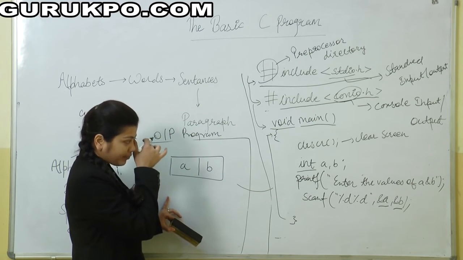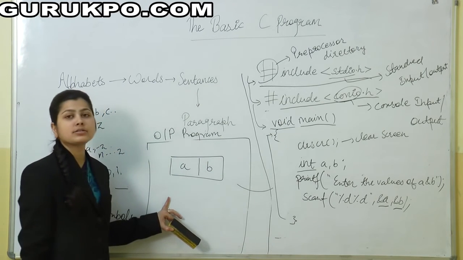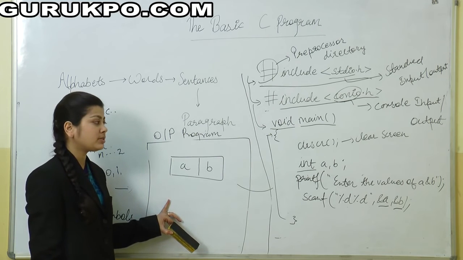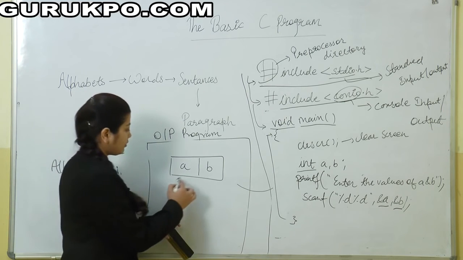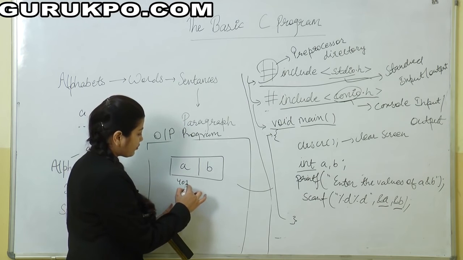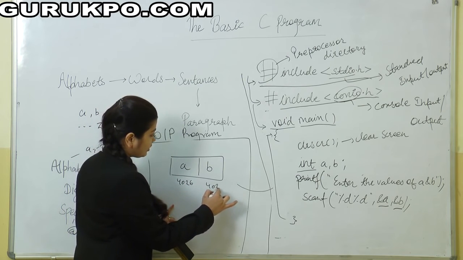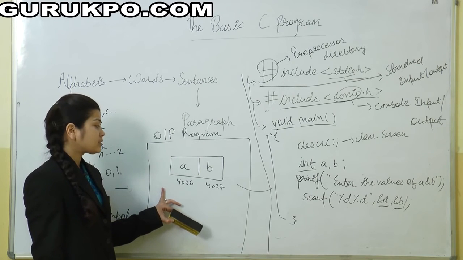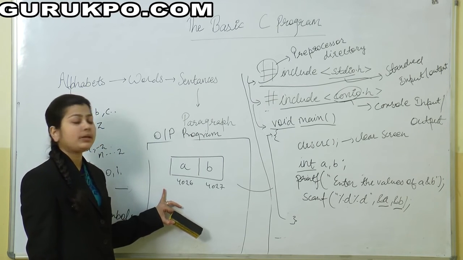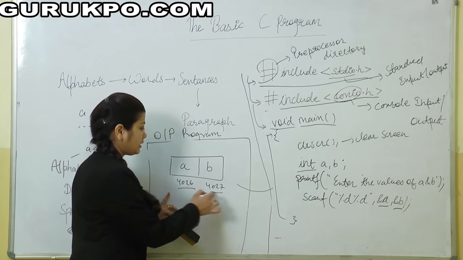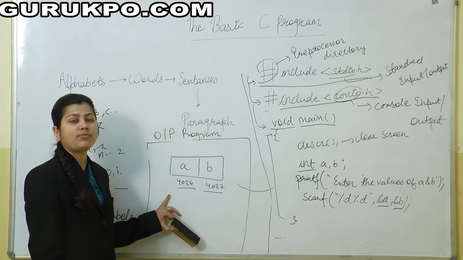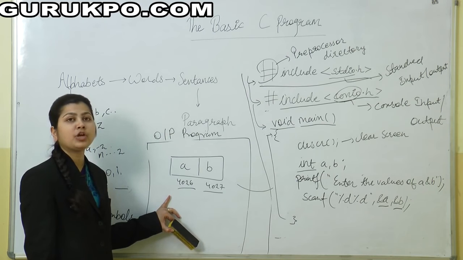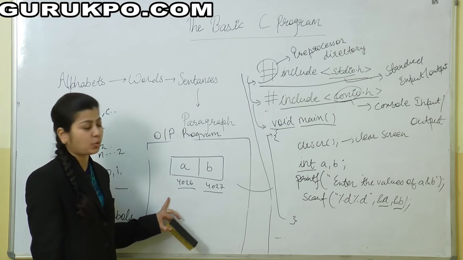So in scanf, the address is given for the variables' storage. For example, the address of a is 4026 and the address of b is 4027. So the variables a and b are stored in our memory at these locations, where the values of the variables are stored.